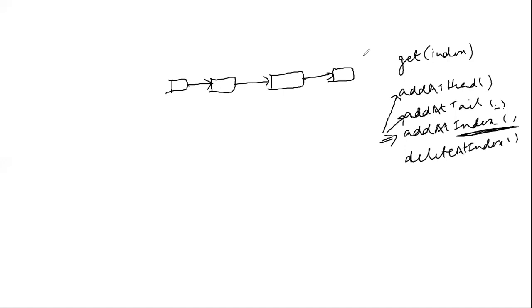So if I have to add at head, I can pass the same function argument 0. That will mean just add here to begin with. If I pass the same function a value of this length, then we are basically saying add at tail, right? So this function could be directly used by these two. So your core focus can shift to implementing this properly, in a generic way.